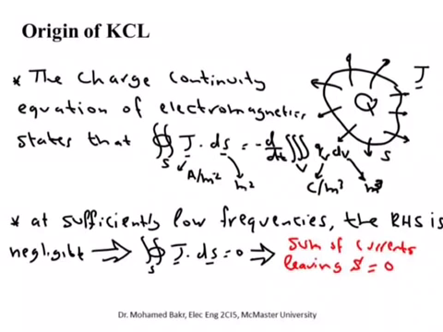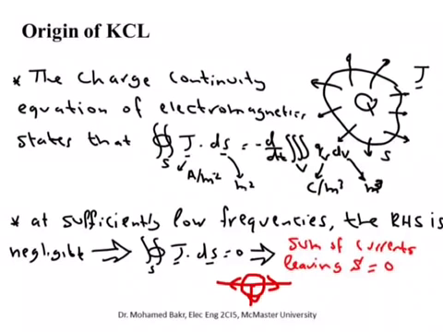Now, if d by dt, if this term does not change that much, we are at steady state or very low frequency, the time derivative of this one is very close to zero. Ideally, it's equal to zero at very low frequencies. So this term becomes zero. And this will give you then, if you build any closed surface, like we have in the node, we have this node here, for example, if you surround it by a circle, then all the currents leaving that circle must be equal to zero.